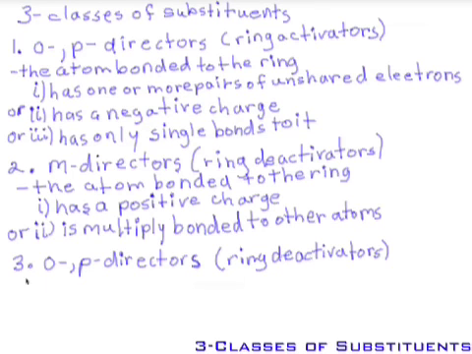These molecules are the halogens, and we'll have to look at why they are the halogens. That is fluorine, chlorine, bromine, or iodine.